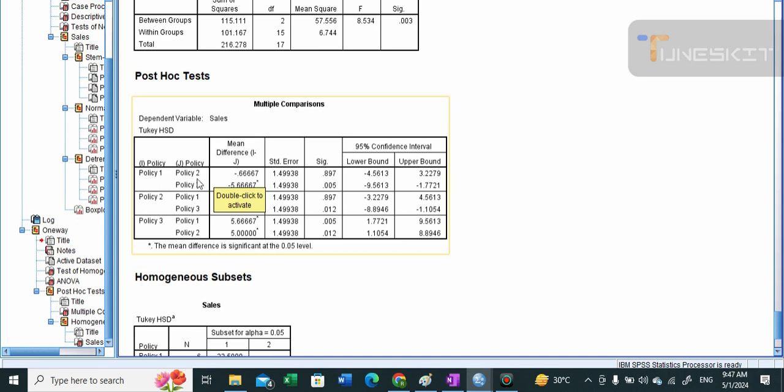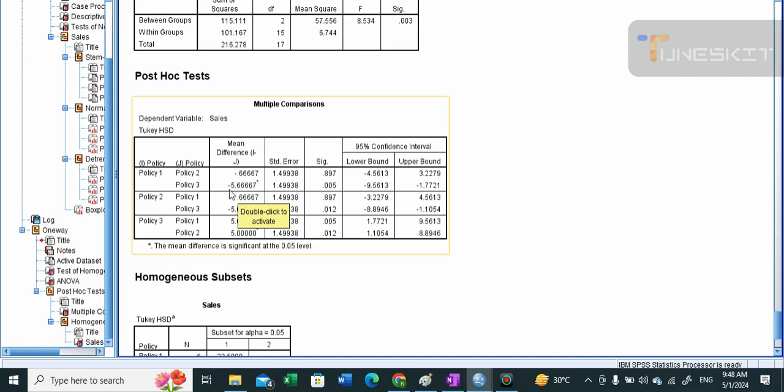So there are three pairs that must be studied: 1 versus 2, 1 versus 3, and 2 versus 3. So 1 versus 2 is not found significant. 1 versus 3 is found significant because this significance is well below 0.05 that we usually use as a yardstick for high cost testing. Now, whenever we found a difference, we need to look at the sign of the mean difference immediately.